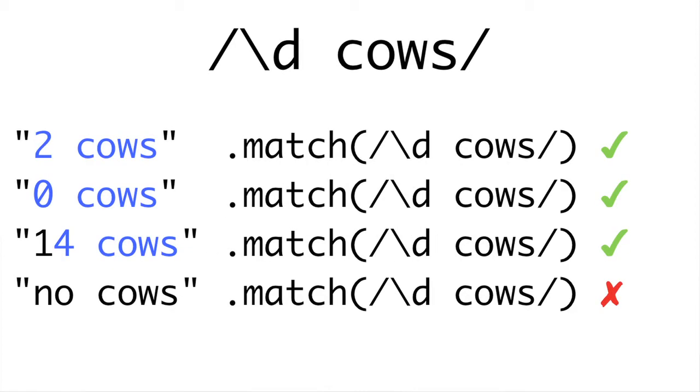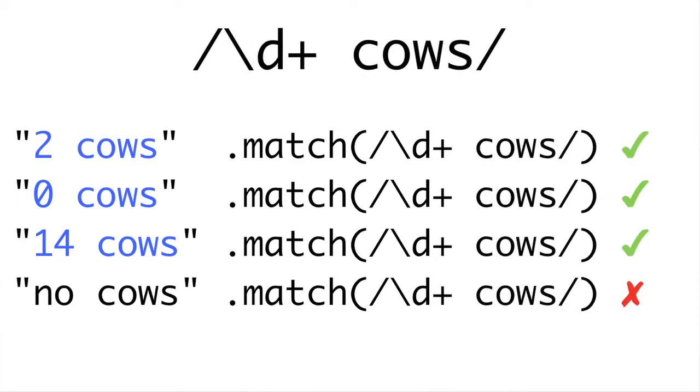So for instance, if we have this expression here with the decimal character and then cows, it would match all of these strings. 2 cows, 0 cows. It would even match 14 cows, but you can see that in this case, it's only matching the 4 cows. It'll still match because we're not restricting it to being the beginning of the string with the caret, so it'll actually not match the 1, but it will match the 4 in 14. And of course, it will match nothing in the no cows string.